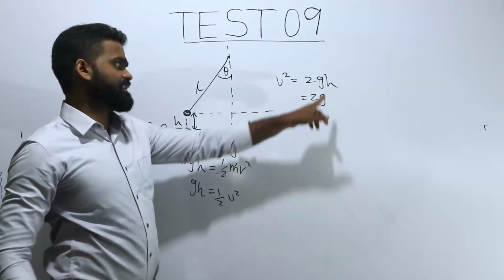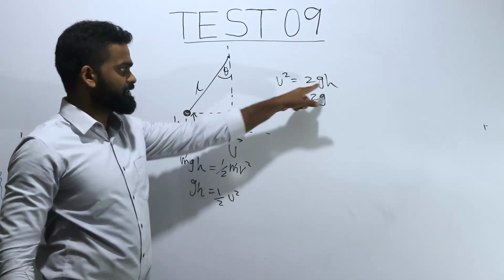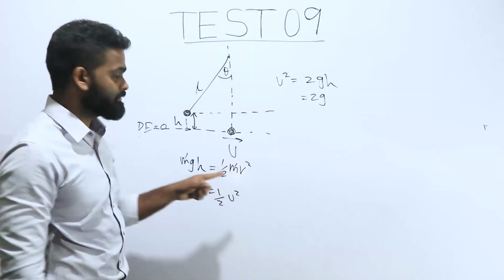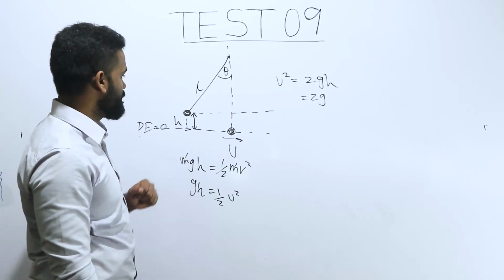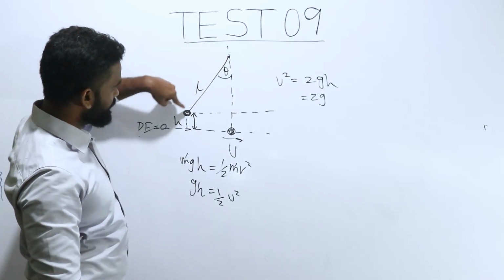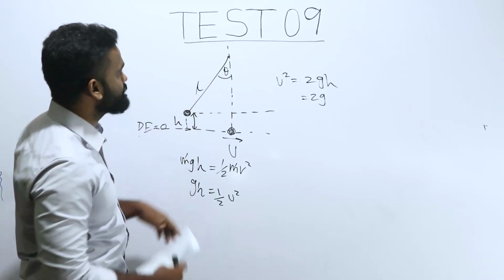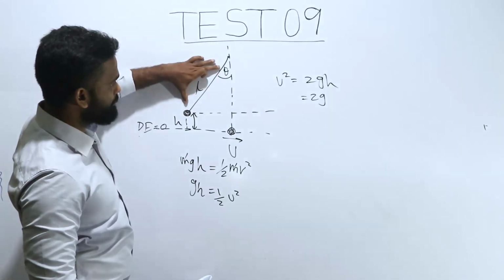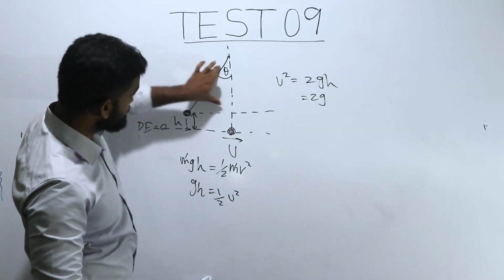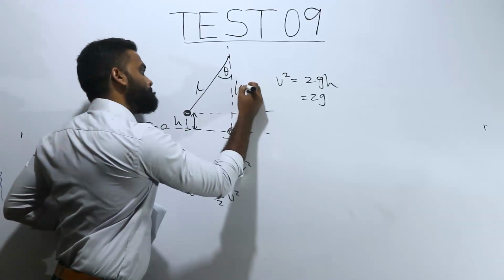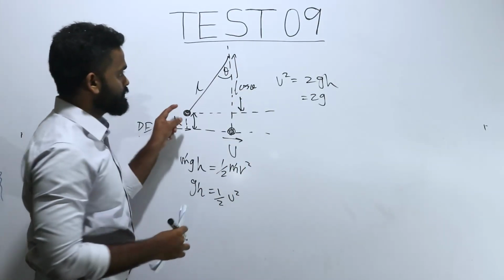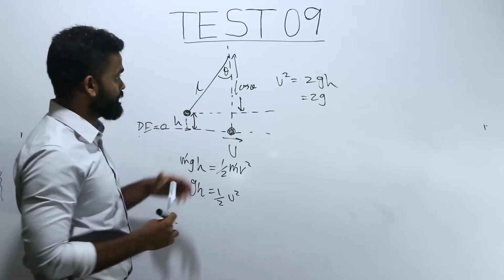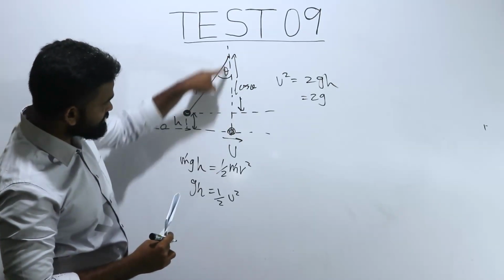But they are not asking for this v in terms of h. What they ask is in terms of L. So if we consider this triangle, this is the hypotenuse, then this becomes L cos theta. So what you need is h. From here to here, this is the same string.